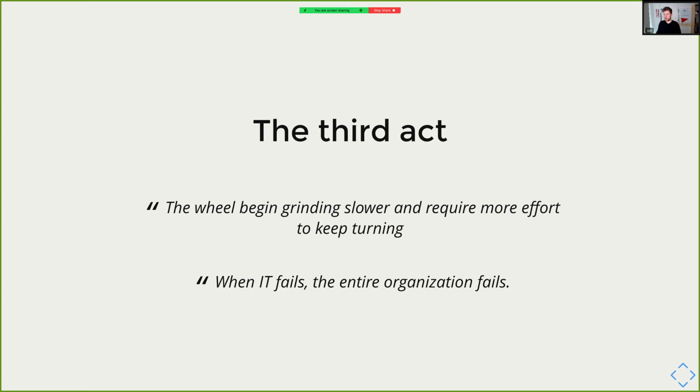Teams must wait longer for dependent work to get done. You can say the wheels begin grinding slower and require more effort to keep turning. And as a result, production delivery cycles are slower, fewer projects are started, and we can no longer keep up with the change in market landscape and lose marketplace. And once again, we learn that when the IT organization fails, the entire organization fails.